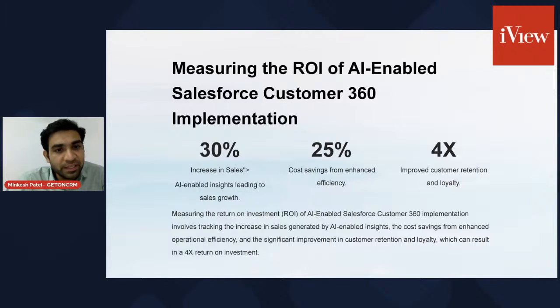Now the benefit they have seen is that their TAT has decreased. Earlier, let's say, when an inquiry came from their website, it was in their system, but nobody had responded to it.